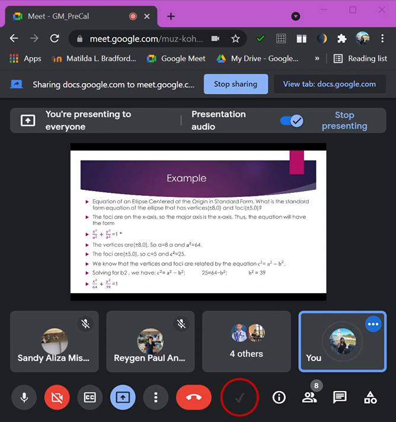Now, we can identify the vertices. How do we identify them? First, our vertex is positive, negative 8, 0. So you take the 8, so a is equals to 8.